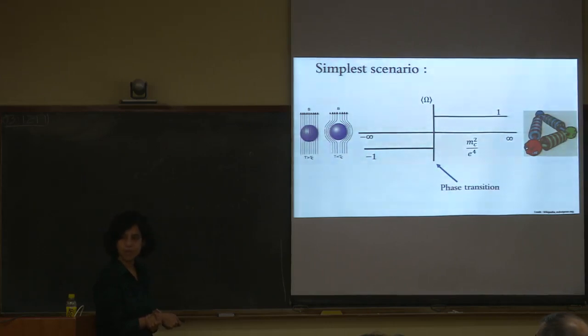Unless you go to all orders in 1 over N, how can you show that? You can find out what the form of the effective potential is to all orders in 1 over N from the symmetries that you have. So you take the symmetry-based argument that tells you that in a finite range in the 1 over N expansion, this is exactly 1, and that's exactly minus 1.